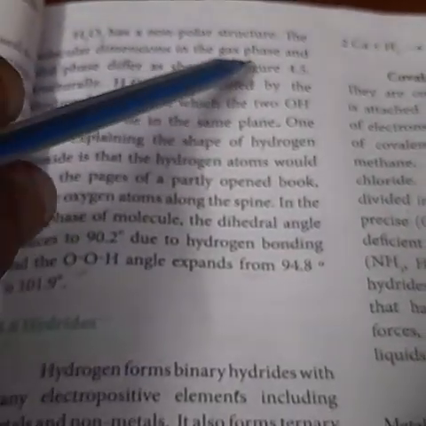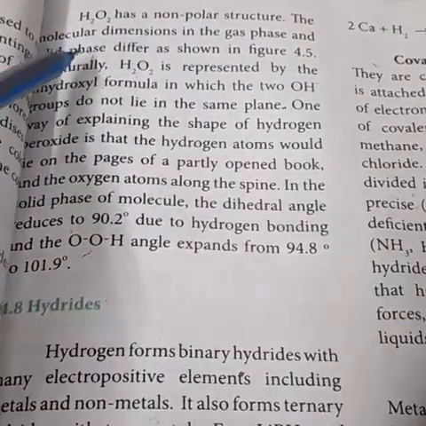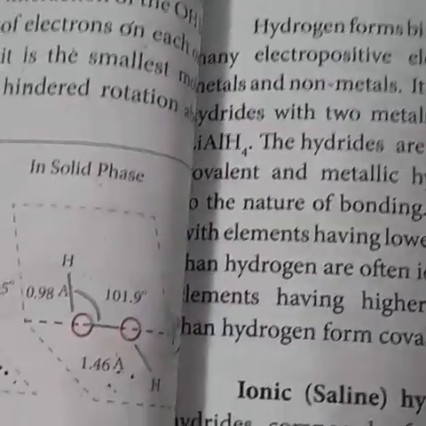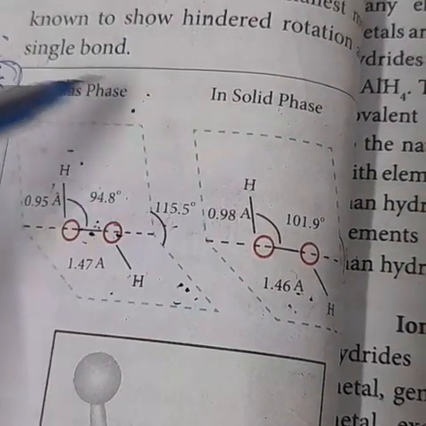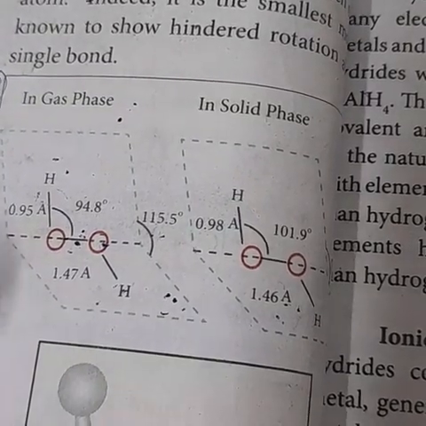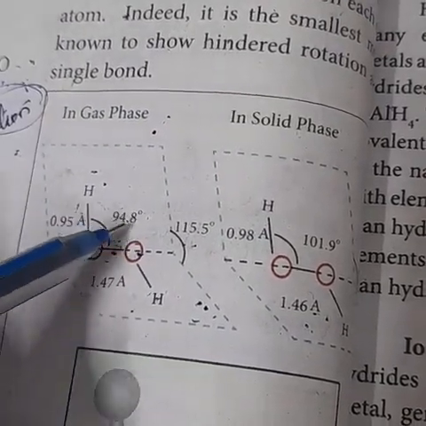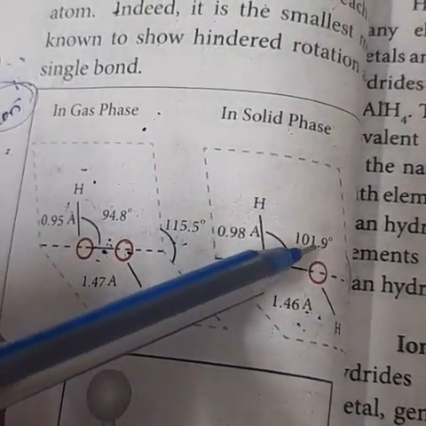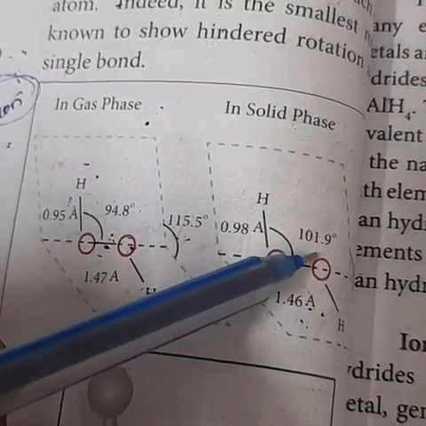The molecular dimensions in gas phase and solid phase differ as shown in figure 4.5. You see figure 4.5, the gas phase structure and the solid phase structure. In the gas phase the HOO bond angle is 94.8 degrees, but in the solid phase the HOO bond angle is 101.9 degrees because of hydrogen bonding.